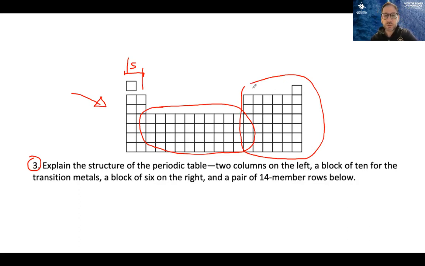So here we have the noble gases, the halogens, the chalcogens, and then talk about their electron configurations, for example, and then the pair of 14-member rows below, which is the lanthanides and actinides group. So this is what I was looking for here. It's just a description of the different groups of the periodic table, okay? Anybody has any questions?